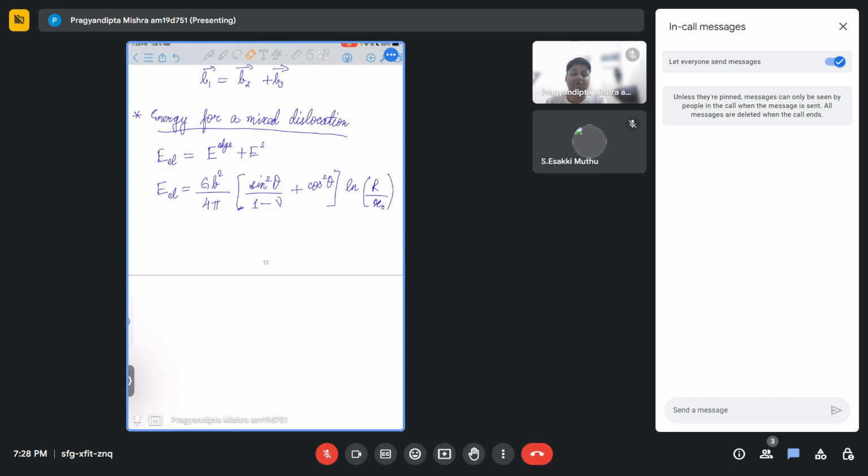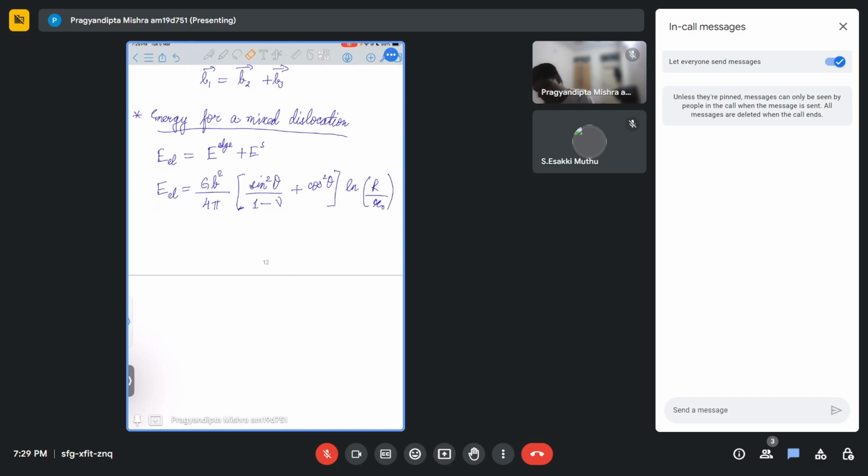So this bowing essentially increases the energy of the dislocation, which the system will try to minimize. Because of this bowing happening and the system trying to minimize that, there will be an extra force or extra tension which will disallow it from increasing in size. So this extra tension or extra force that we are talking about is known as line tension for a dislocation.